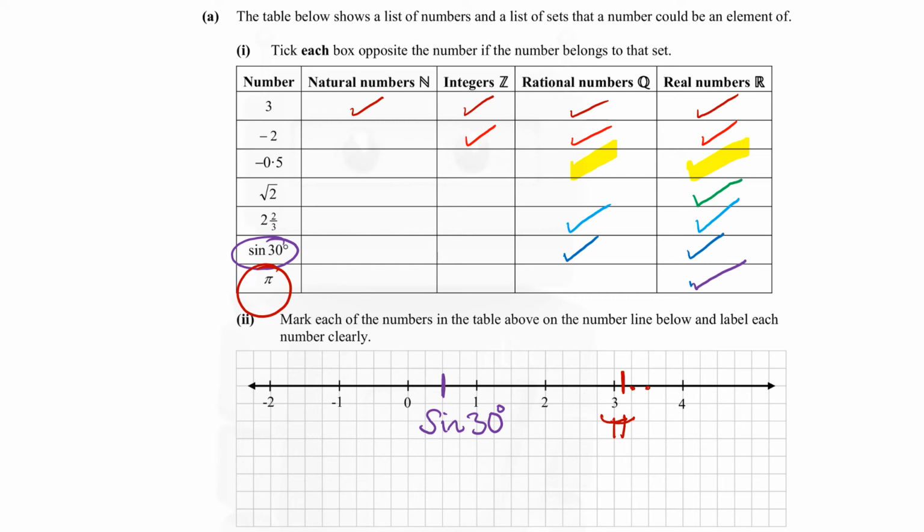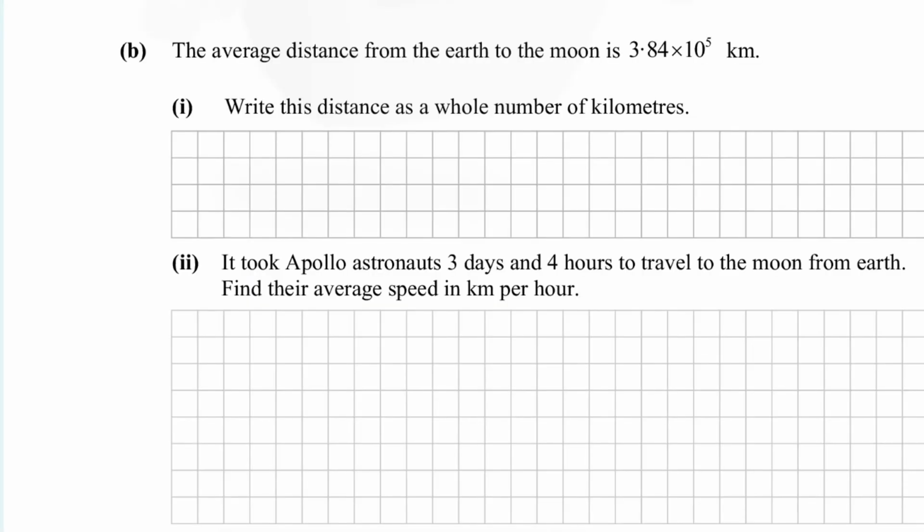Well, 2 2/3 is 2.66. There's 2.5 here. So there's 2.75. So you could say it's here. Okay. 2 2/3. So for a question like this, it's important that you're able to differentiate your natural numbers from your integers and your real numbers and so on.